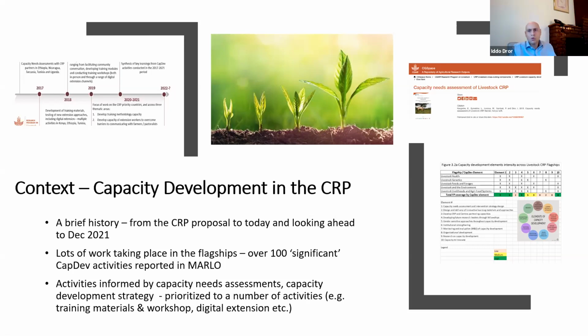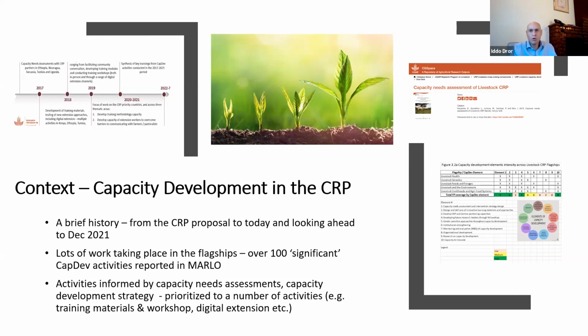Subsequent to that, there was prioritization on what we're going to work on and where. We ended up doing capacity development work that focused on a lot of the workshop and training, both the material and the delivery, as well as a range of digital extension methods and so on. So that is the primary thrust.